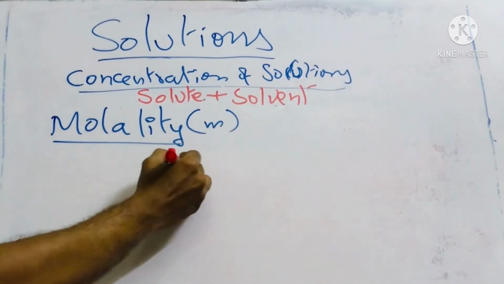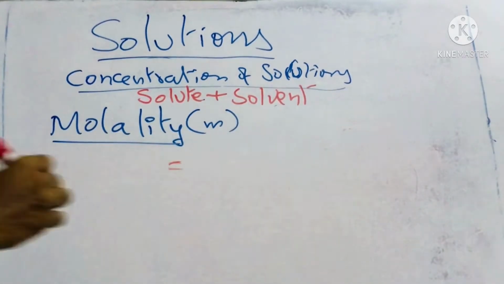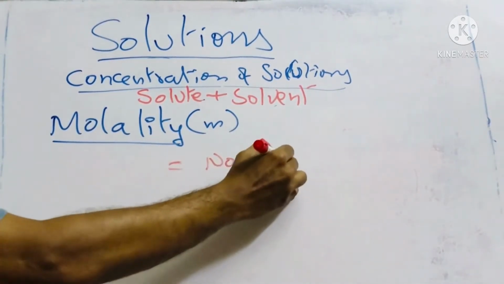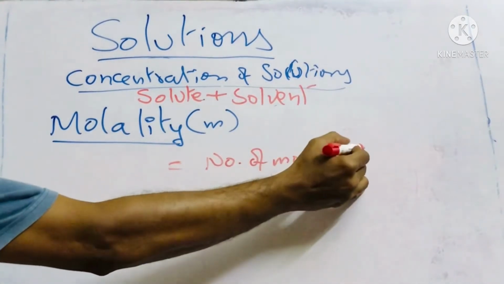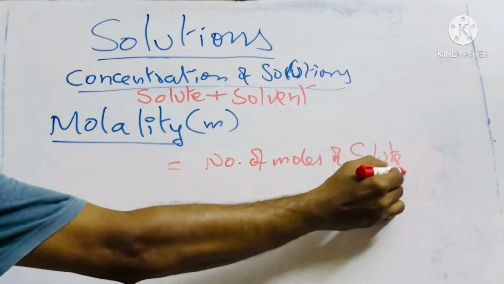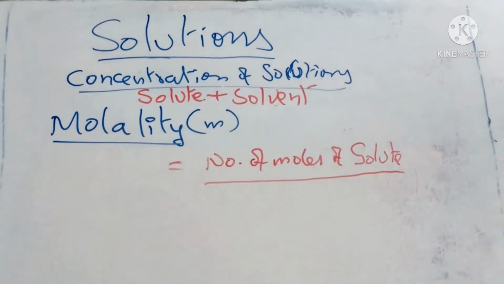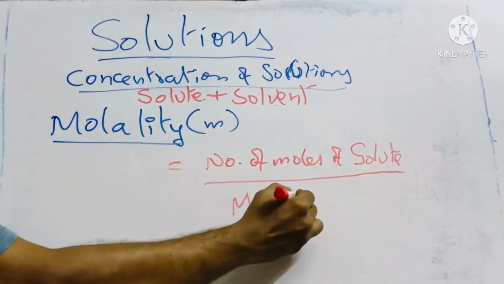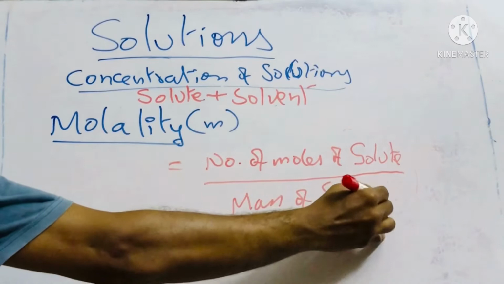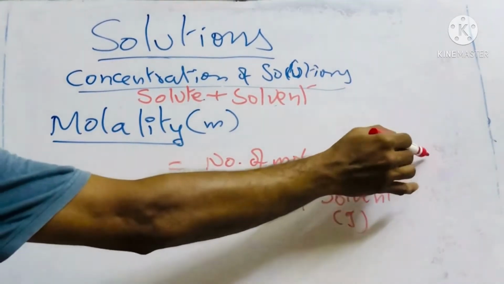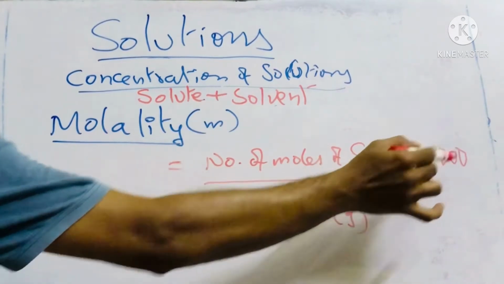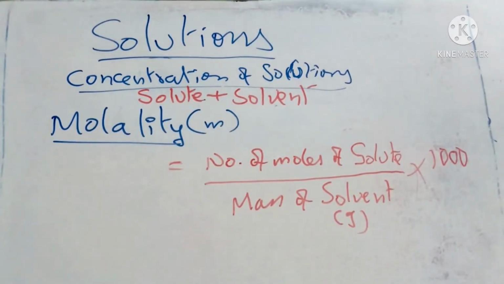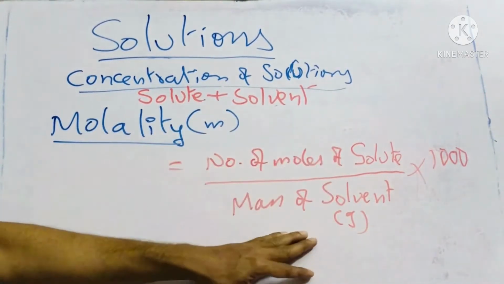So molality is the number of moles of solute divided by the mass of solvent in grams. If you are writing grams, you put 1000 here. If you are writing in kilograms, then there is no need to write the 1000. So that is the number of moles of solute present in a kilogram of solvent.